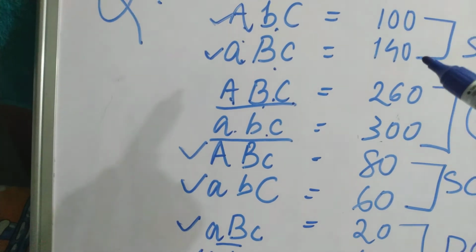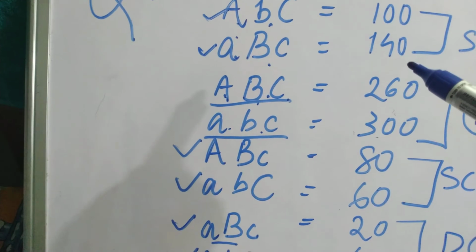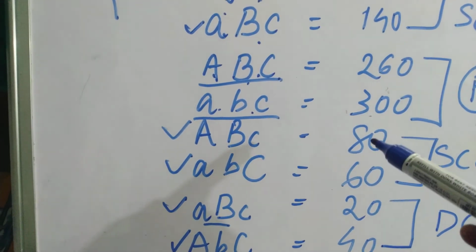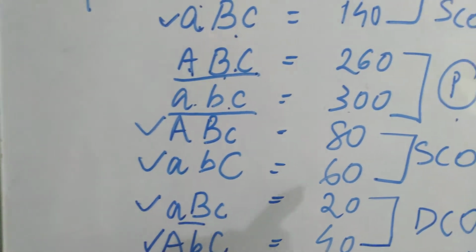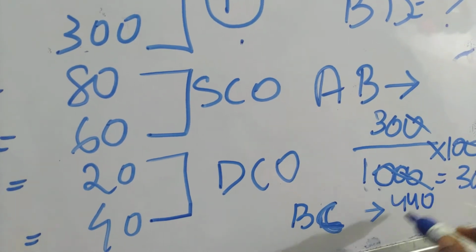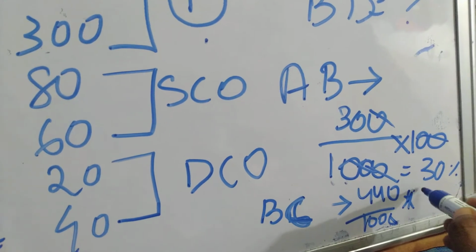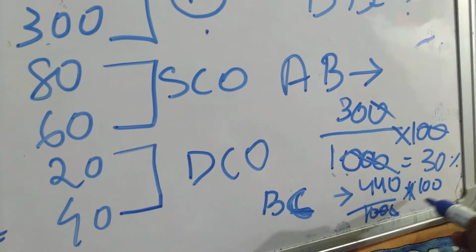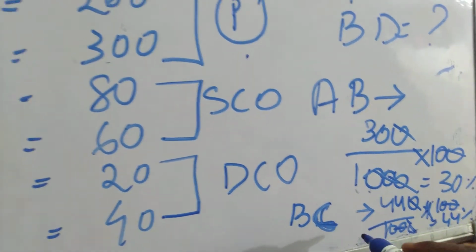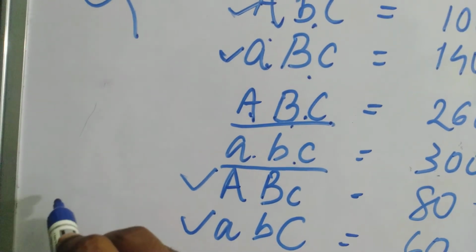So you have to sum this: 100, 140, 240, and 300, 440. So that is 440 divided by 1000 into 100, equal to 44%. So that means B, C are lengthier than A, B, right?